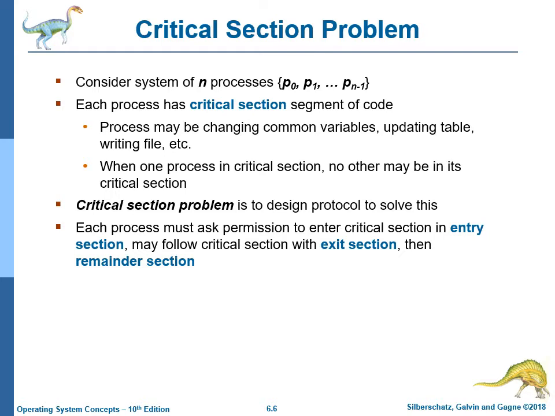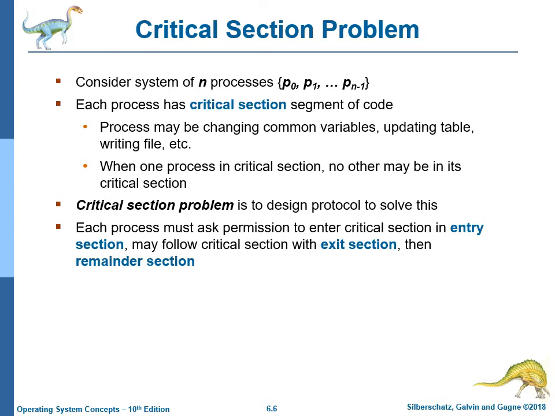Then each process has a segment code, or we call as a critical section. Setiap proses ni, okay, kita consider dia ada n proses. So setiap proses dia ada critical section dia. Okay, critical section ni macam the segment of code lah, in which process ni may be changing.